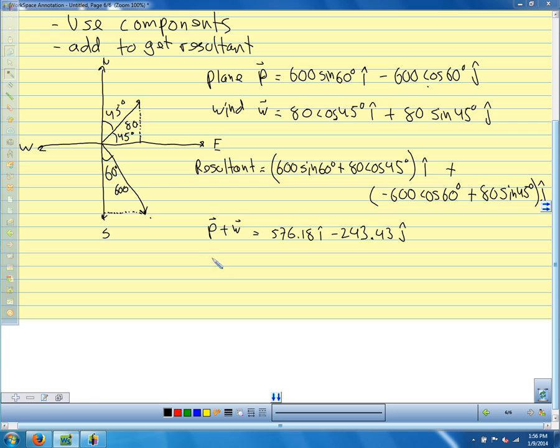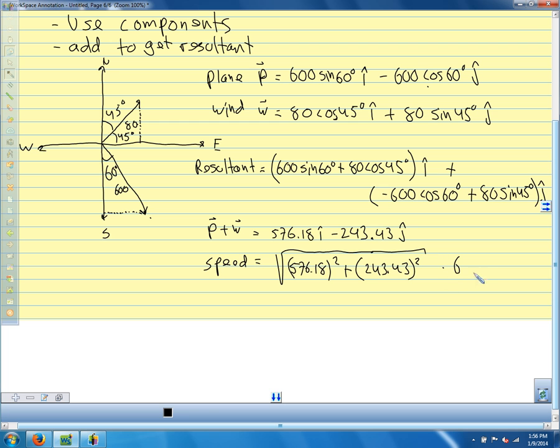So the speed is the square root of 576.18 squared plus 243.43 squared. And when I calculate that all out, I get about 625 miles per hour, 625.49 miles per hour.